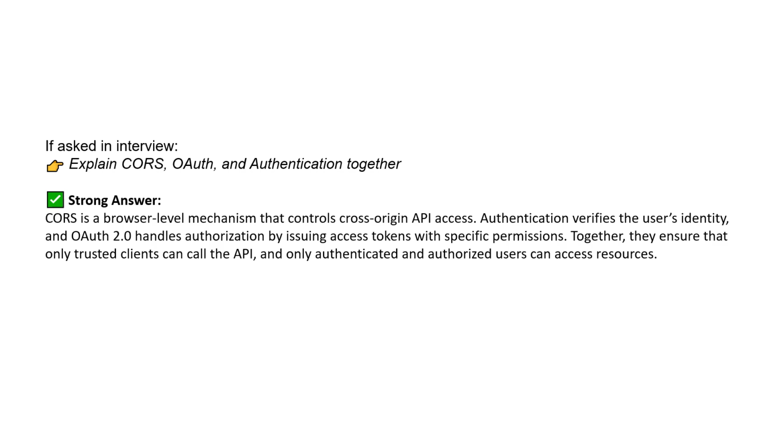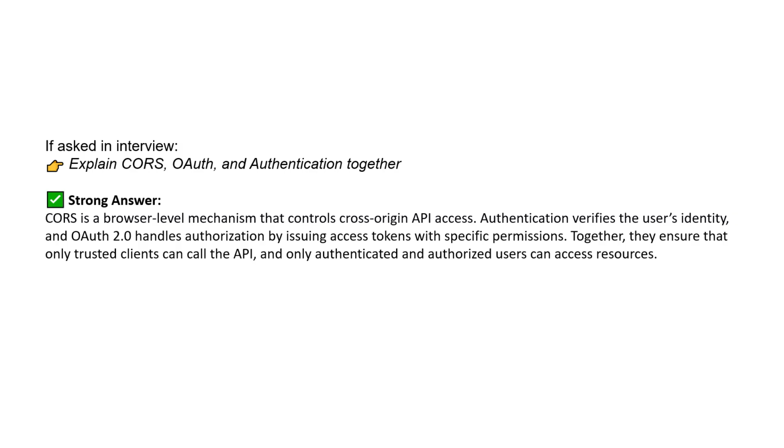If the interviewer asks, explain CORS, OAuth, and authentication together, what will be a strong answer? CORS is a browser level mechanism that controls cross-origin API access, authentication verifies the user identity, and OAuth 2.0 handles the authorization by using access tokens with specific permissions.